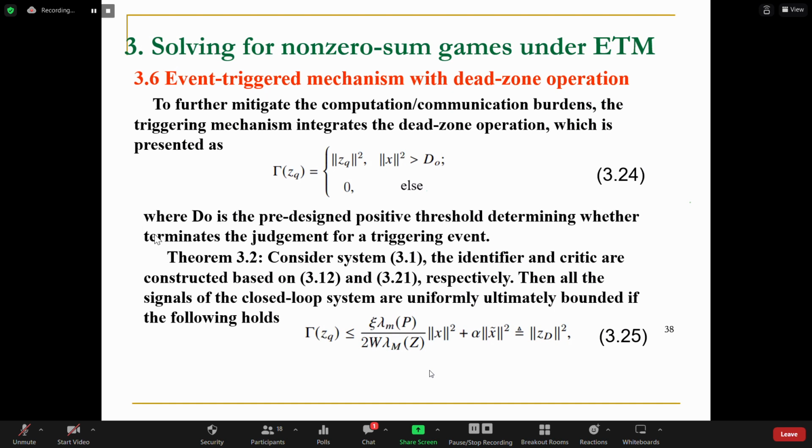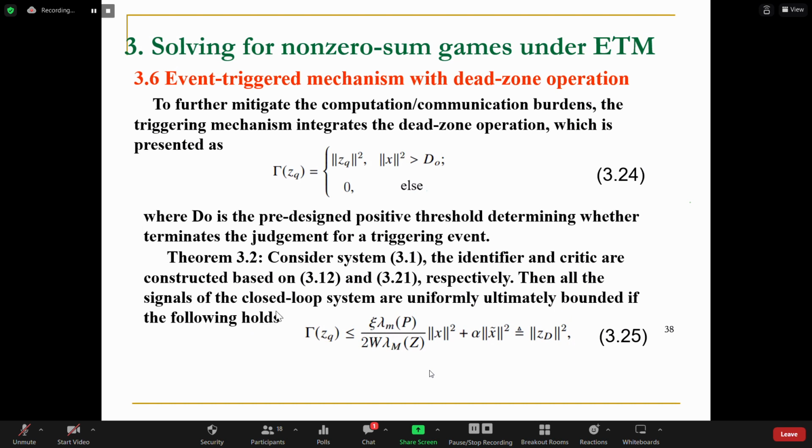Then we give the main theorem in our work. Consider the network control system. The identifier and critic are constructed based on 3.12 and 3.21 respectively. Then all the signals of the closed-loop system are uniformly ultimately bounded if the following condition is satisfied.